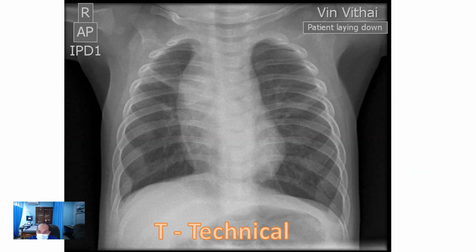So here is an example where we can see the technical details on the left upper image. We see a right AP, and on the left is the name of the patient and position.